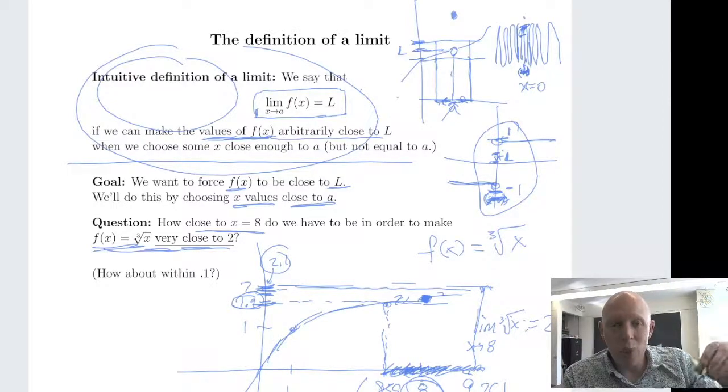And the answer is no, because it's wiggling so much. You're never going to be able to make that small x interval small enough to be able to ensure that the function values will lie somewhere on the y-axis in a particular interval.